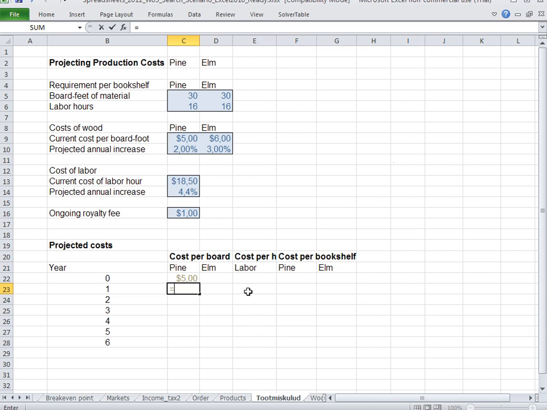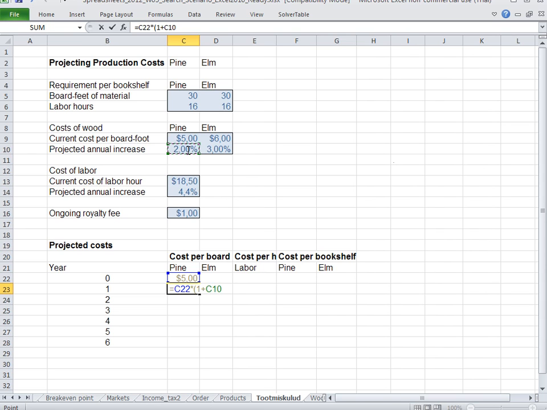The way we've done it is we now take the second year, and it goes like this. The first year equals $5. The second year equals the previous year, and we want to inflate it by 2%. So it's times parentheses 1 plus this 2%. Equals C22, which is the previous value, times 1 plus 2%.